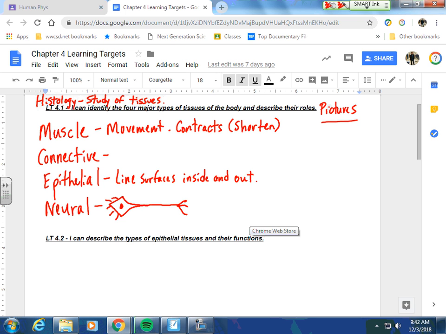Okay, and when muscles are attached to bones, to our skeleton, they can move the skeleton, which makes us move. Neural tissue can transmit electrical impulses. It is because it's communication, right? Messages.